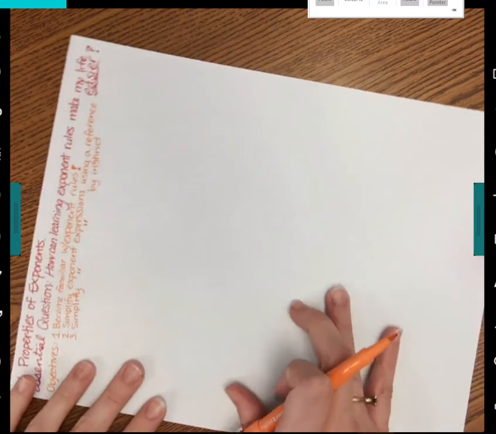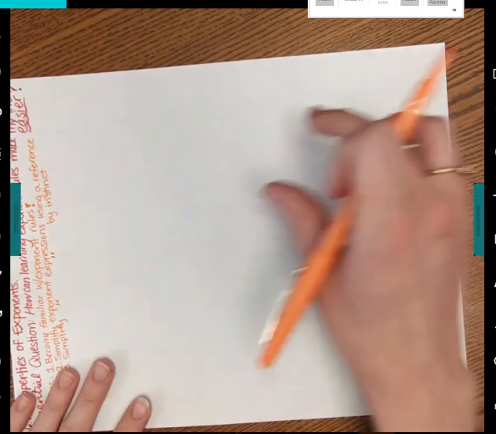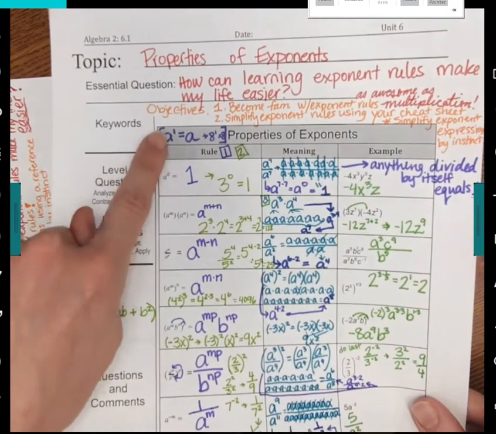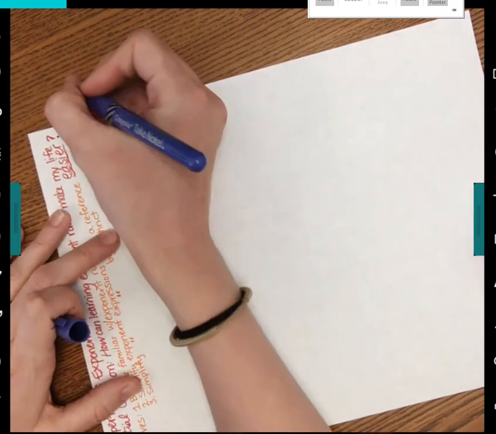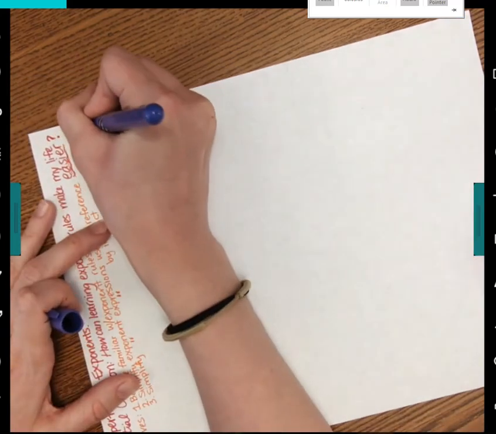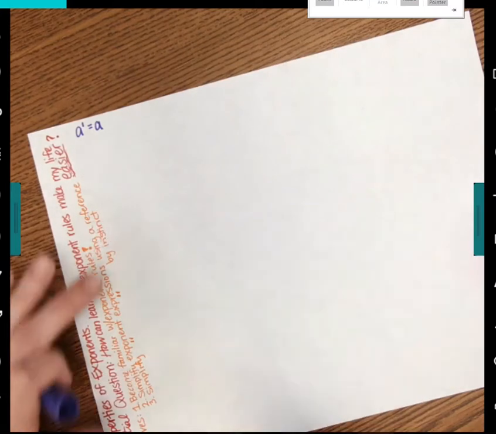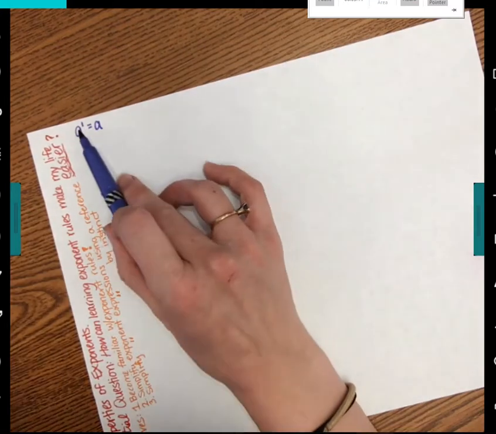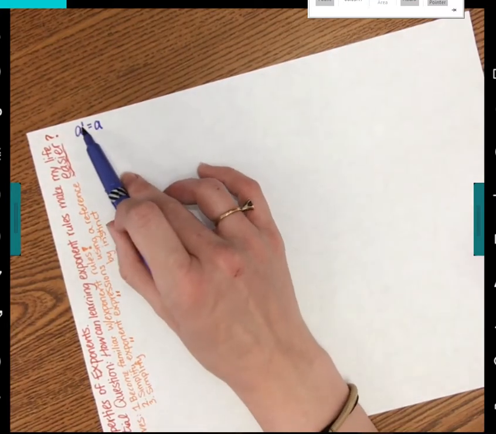Alright, now we're going to switch this sideways so we can maximize our side-to-side space use. If you are using these, we're going to write something up above here because this is the basis of where it all comes from. Exponents are simply repeated multiplication. So if I have a to the first power, that's just a, because anything to the first power is itself.